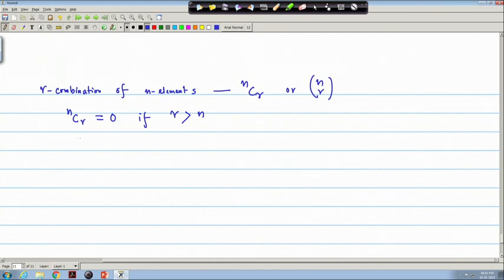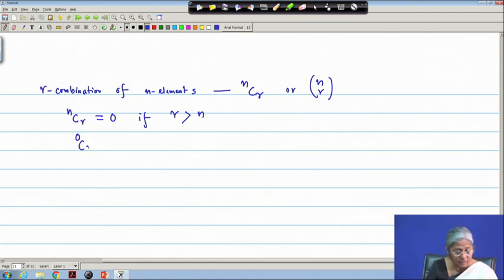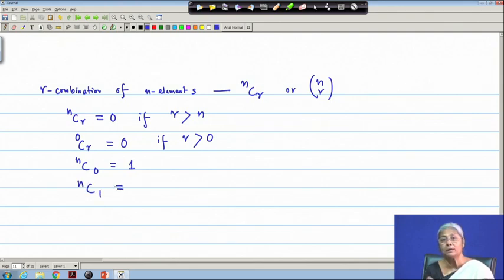Then 0Cr is actually 0 if r is greater than 0. I can put nC0 equal to 1, since only the empty set is the subset. Then nC1 is n, since I have n elements, and nCn is the set only, so this is again 1.